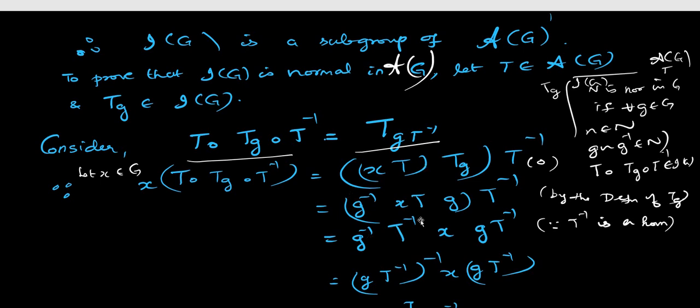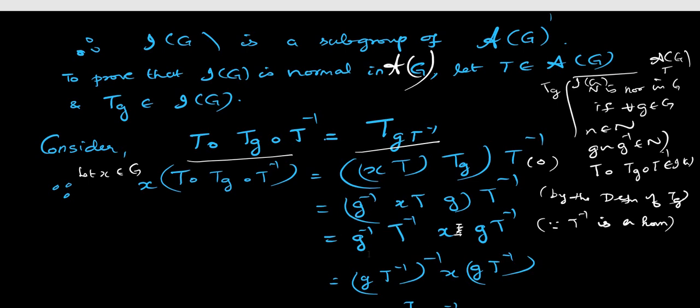So we have this to be g inverse T inverse, x, and this is g T inverse. Here T inverse gives us the identity mapping, but x identity is x, so that is why it is not written.